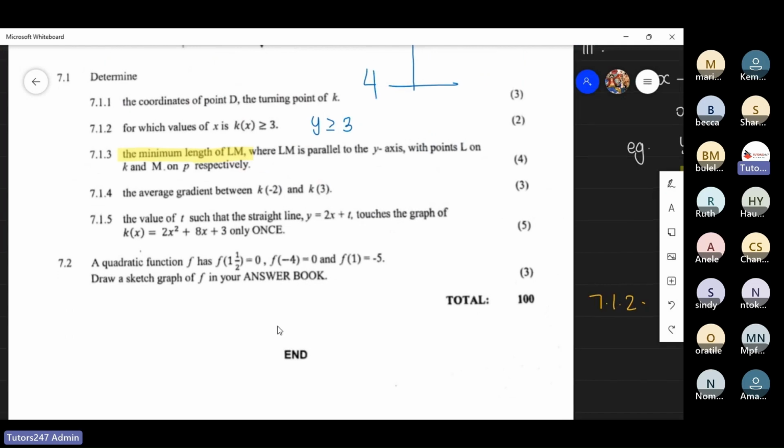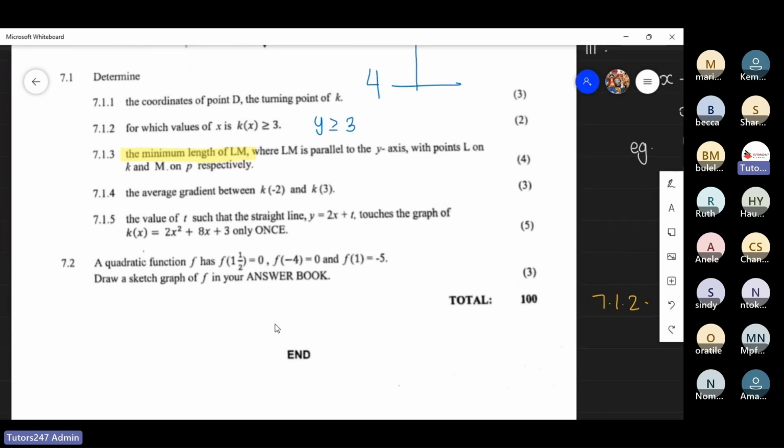So we've got question 7.1.4. Determine the average gradient between k of negative 2 and k of 3. So keep in mind, these represent y values. So we can take this as y1, and we can take that as y2.